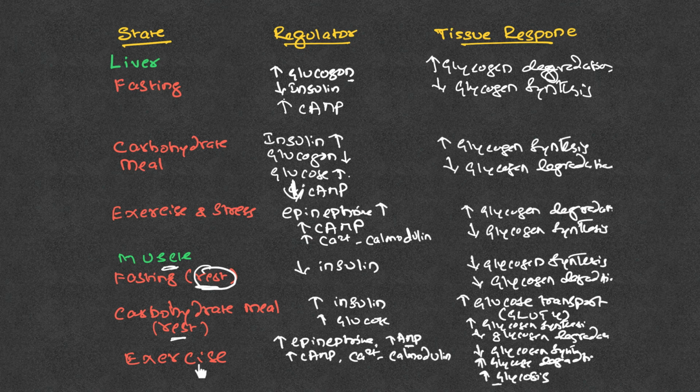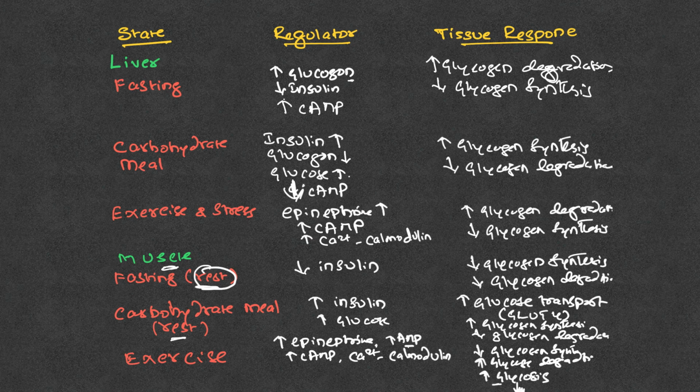Now, when the person exercises, the hormone epinephrine is increased, and it is going to increase cyclic AMP levels. Also, contraction of the skeletal muscle increases calcium release from the sarcoplasmic reticulum, which will bind with calmodulin, and calcium calmodulin levels increase. So both the cyclic AMP and calcium calmodulin mediated mechanisms will overall keep glycogen phosphorylase active and glycogen synthase inactive, and thereby glycogen degradation is increased and glycogen synthesis is decreased.